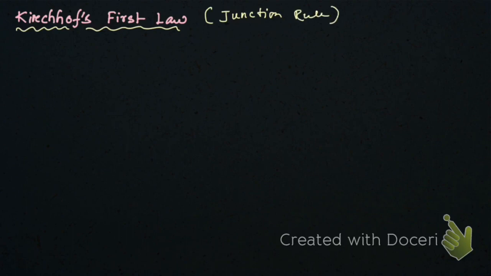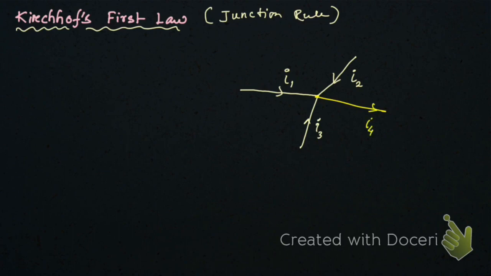Now you see, suppose at this point current I1 is coming in, and to the same point current I2 is also coming in, and current I3 is also coming in, suppose, and this I4 is going outward, suppose. So I4 is going out, I5 is also going out, right?